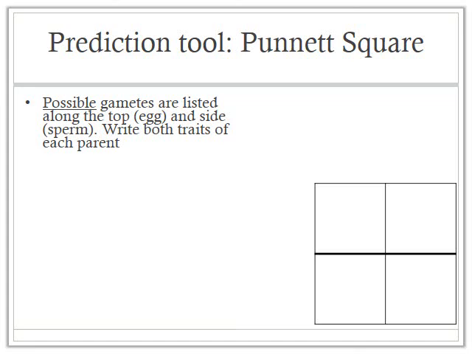So possible gametes are listed at the top, egg or sperm. It doesn't really matter, top or bottom, male or female. And then you write the traits of both parents. In this case, we'll be talking about the F1, where the P generation is mating to create this F1 generation.